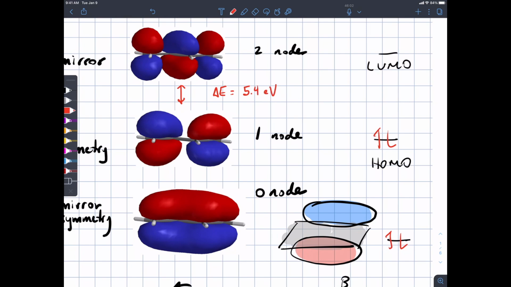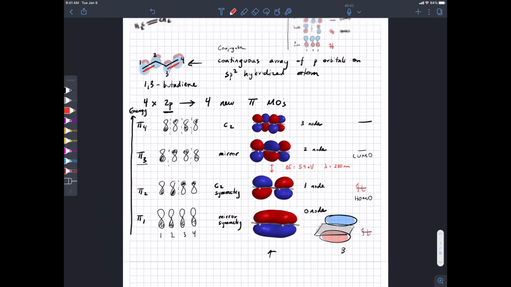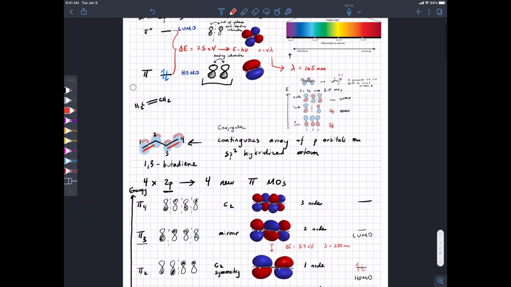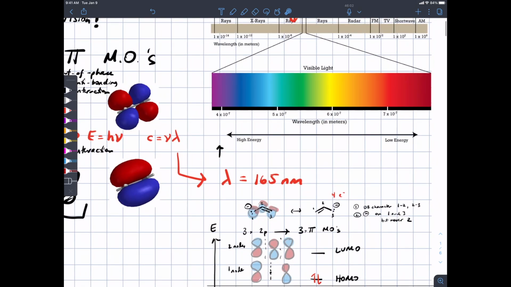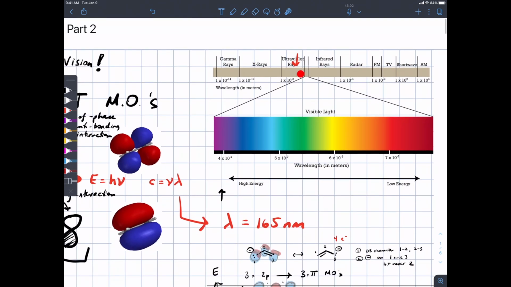Now it's 5.5. And that moves the area of the spectrum where this molecule would absorb a little bit to the red direction. Not hugely. We're still in only the 200 nanometers. We still absorb it only in the UV light.